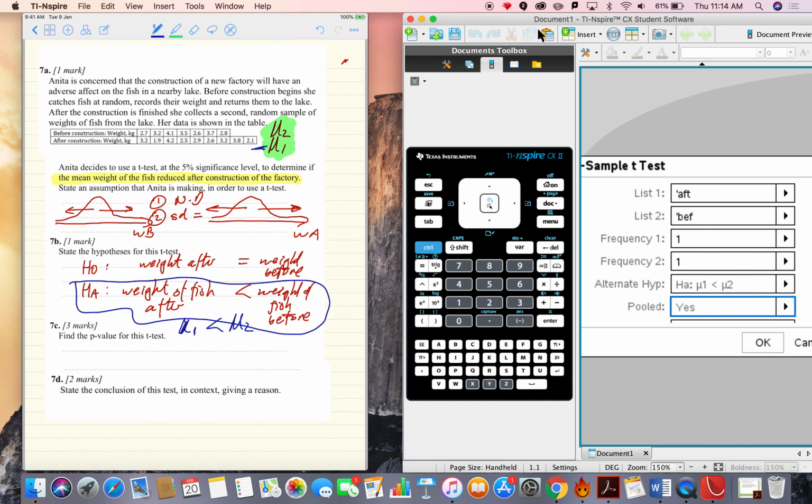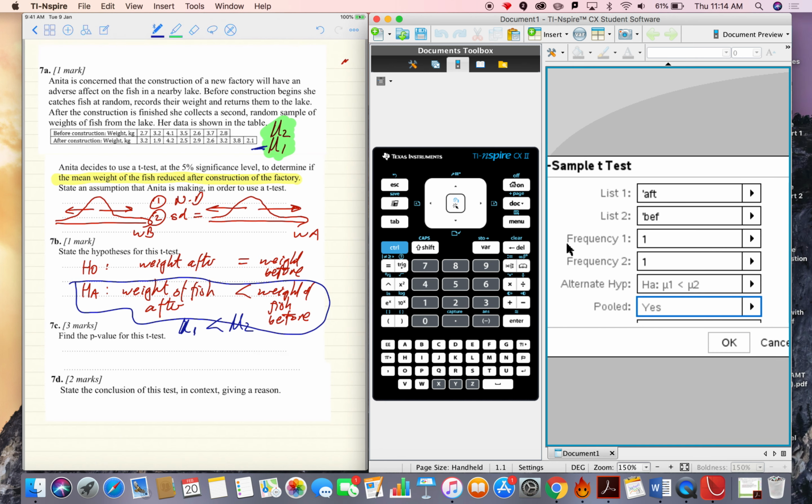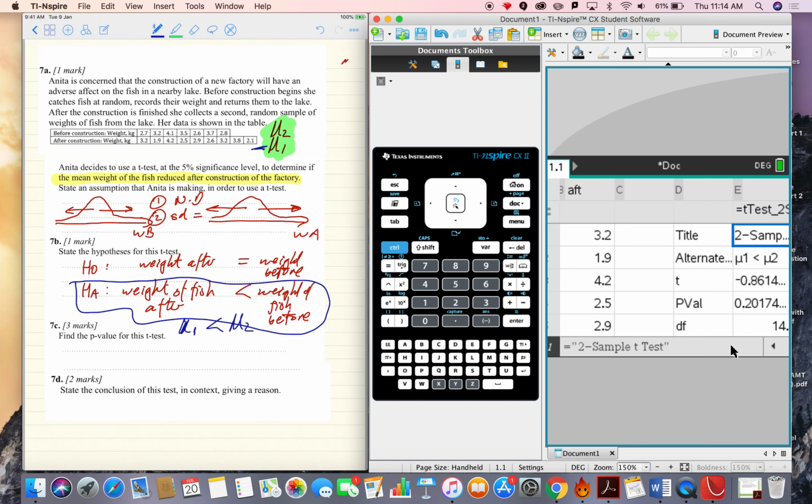Okay, there's a few little glitches in textbooks, but for our course, pooled is always yes. When we click OK, you will find the p-value here. So the p-value for our particular test is 0.202. You can also see a t-value here of negative 0.86.